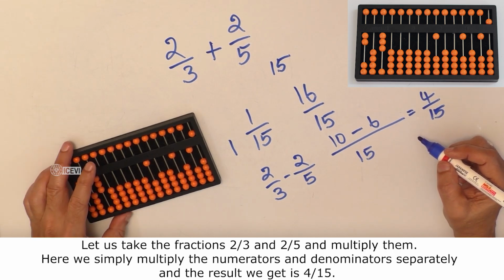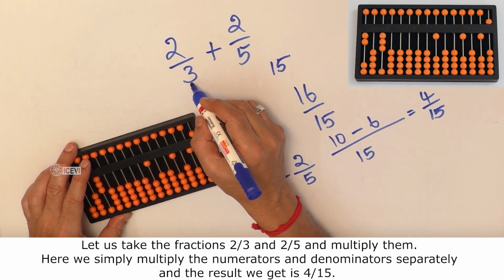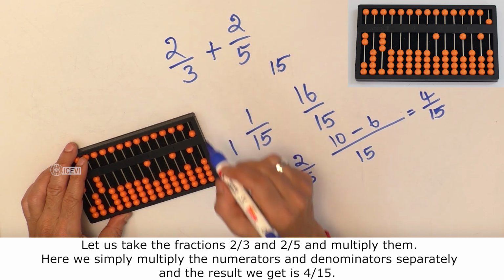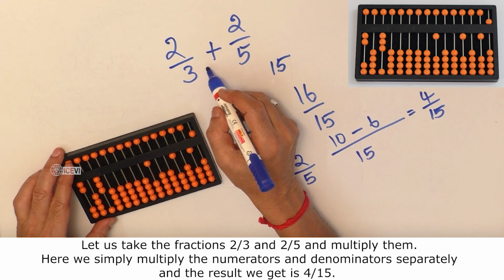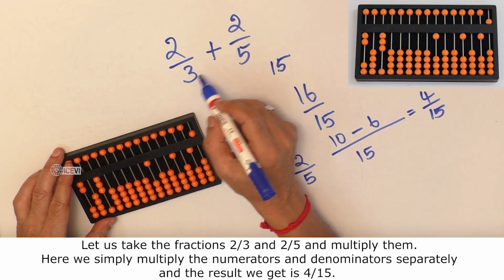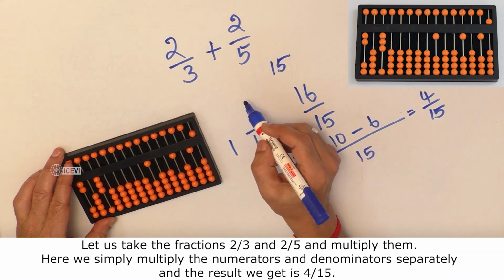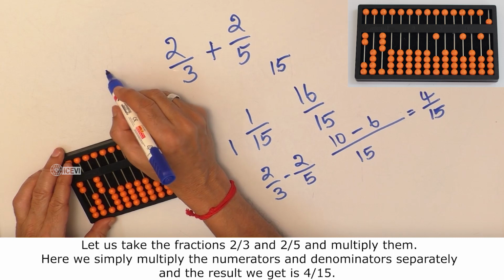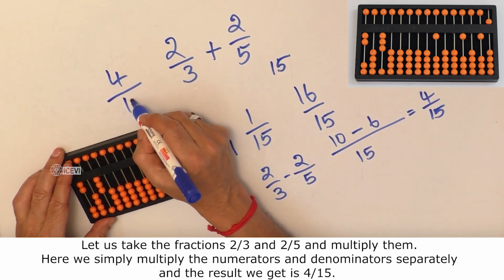Let us take the fractions 2 by 3 and 2 by 5 and multiply them. Here we simply multiply the numerators and denominators separately, and the result we get is 2 multiplied by 2 is 4, 3 multiplied by 5 is 15.